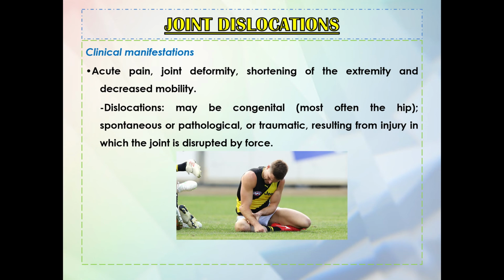So, dislocations may be congenital, meaning sa pagkapanganak ay nagkaroon na ng problema, most often sa hip ni baby, spontaneous or pathological, meaning it's a disease process, or traumatic resulting from injury in which the joint is disrupted by force. So these are the common causes kung bakit nagkakaroon ng dislocation ang isang pasyente.